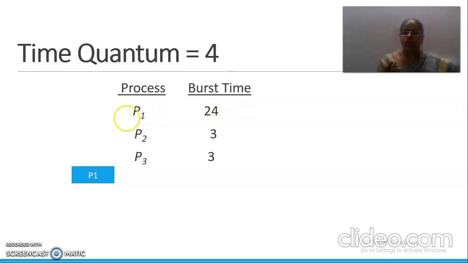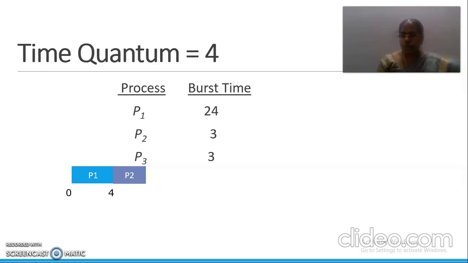P1 needs 24 milliseconds to complete its work, but the time quantum fixed is only 4. So P1 gets its chance, but it can use the processor only for 4 milliseconds. After that, it gives the chance to the next process in the queue as per the FCFS logic. So P1 runs from 0 to 4.